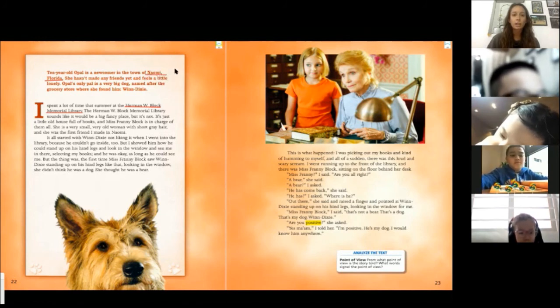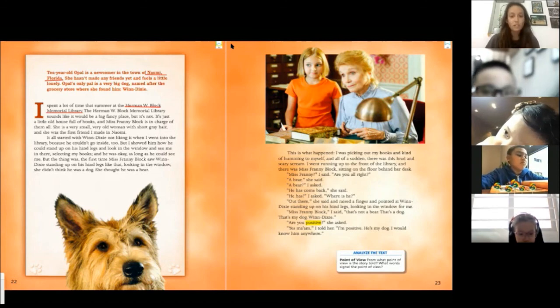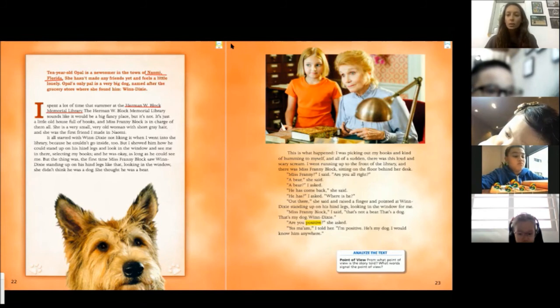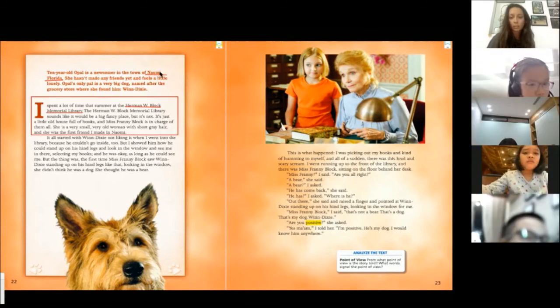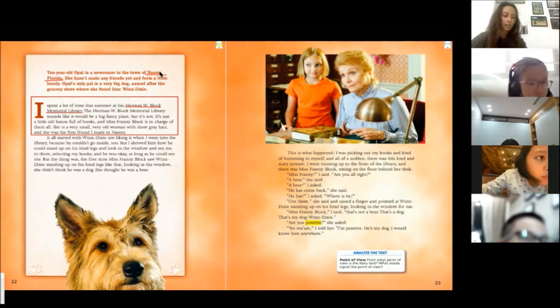Okay, good job. So in our first paragraph, Opal gives a hint about how she feels about the library. How does Opal feel about the library? We're not guessing. We're telling Opal's words. What does she say that gives us a clue that she likes the library? Tyann?